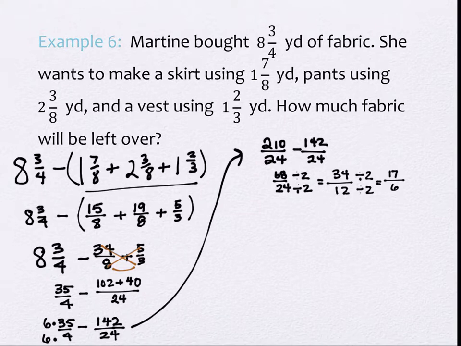And, whoa, I touched a button. Okay, we're back. Okay, and then to do the division, 17 divided by 6, what will I get? 2 and 5/6. So my answer ends up being 2 and 5/6 what? Yards.